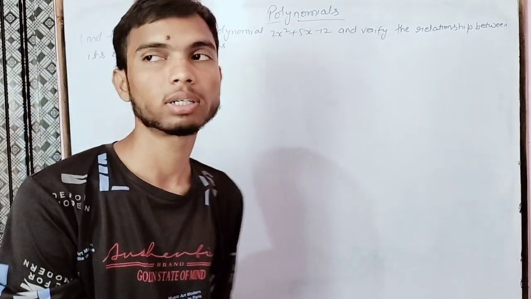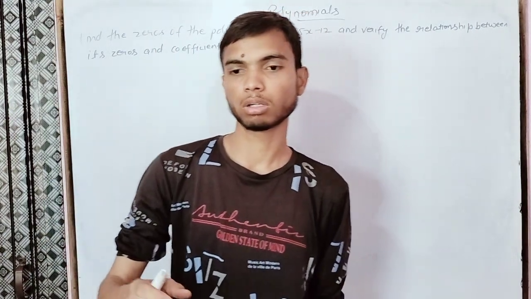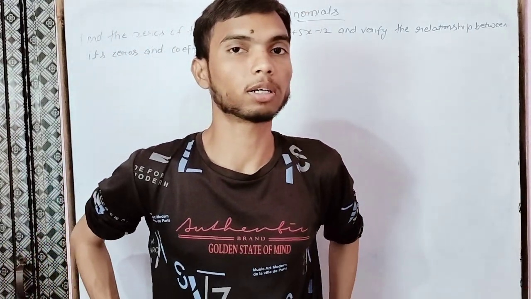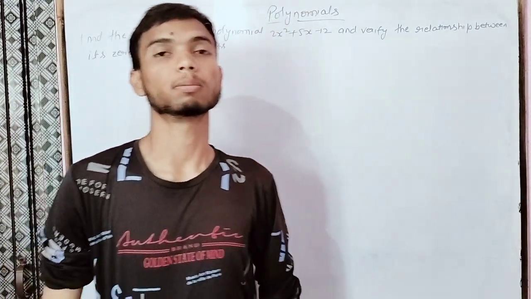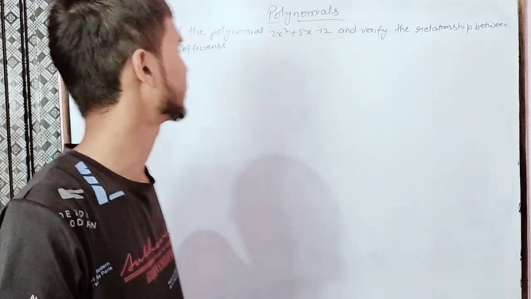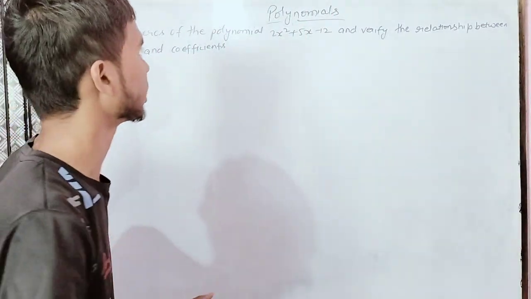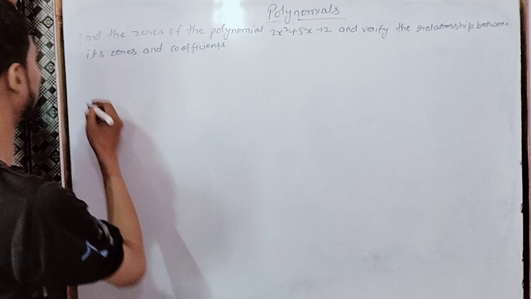Here we will apply the sum of alpha and beta, the product of alpha and beta. Here we will apply it after finding the zeros of this polynomial.